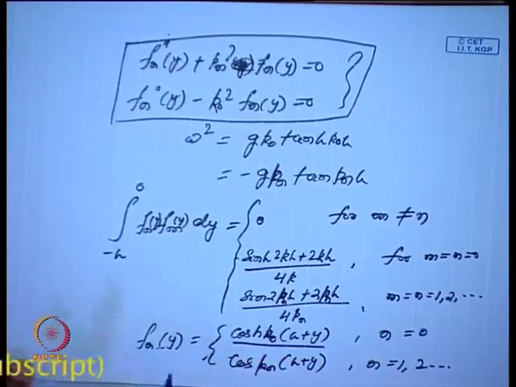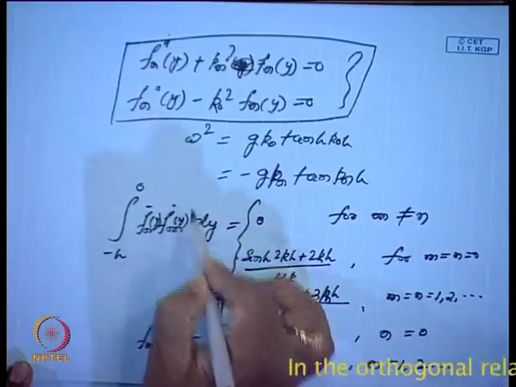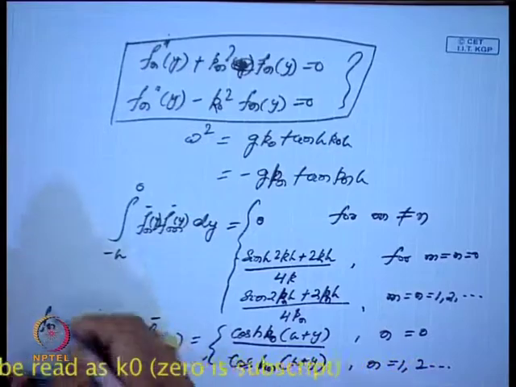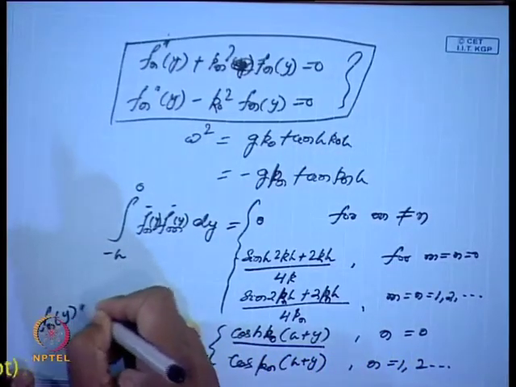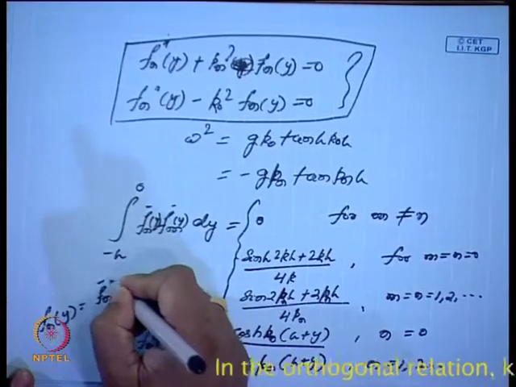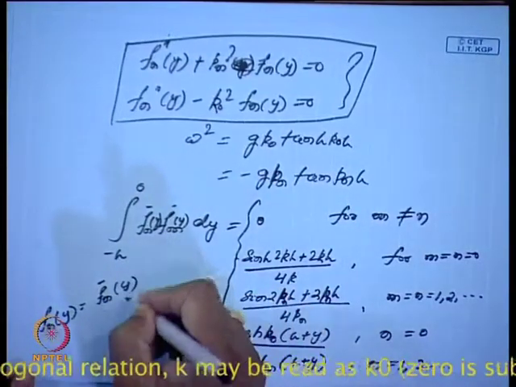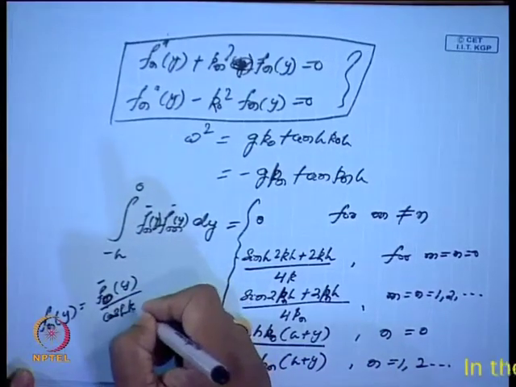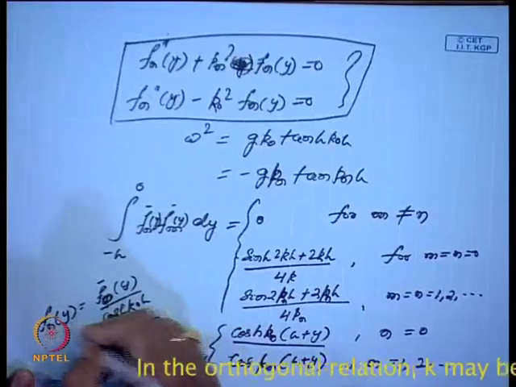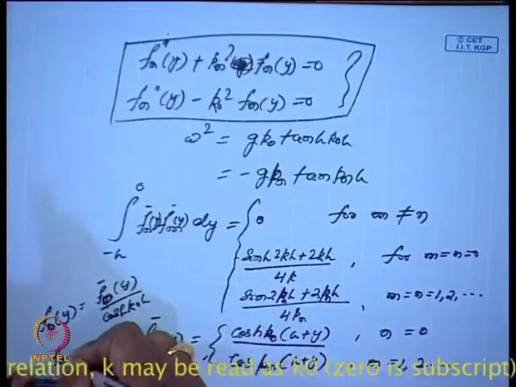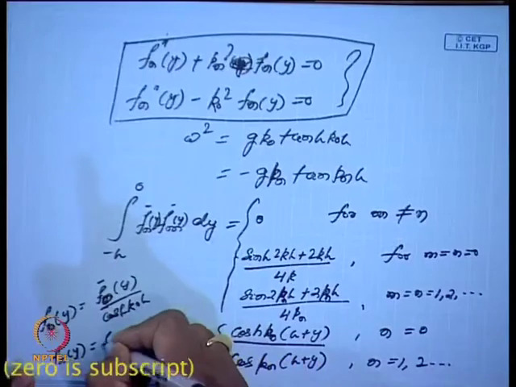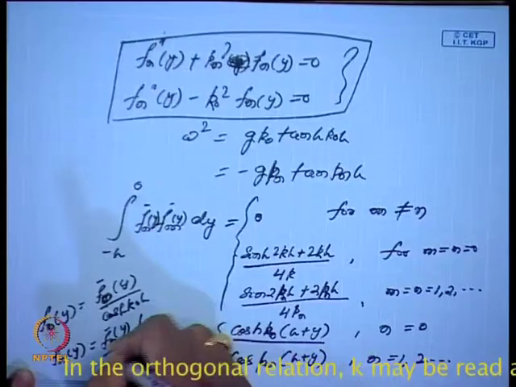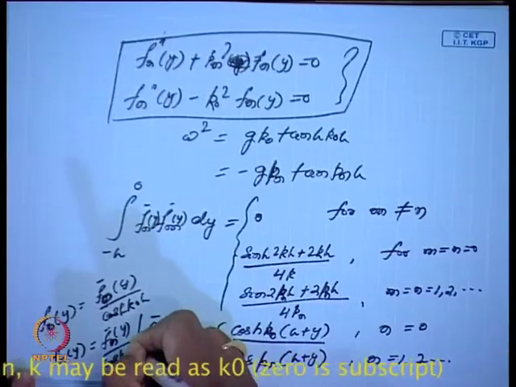This is what I rather call f_n bar, where my f_n(y) will be f_n bar(y) by f_0(y) by cosh k_0 h, and my f_n(y) will be f_n bar(y) divided by cos k_n h.